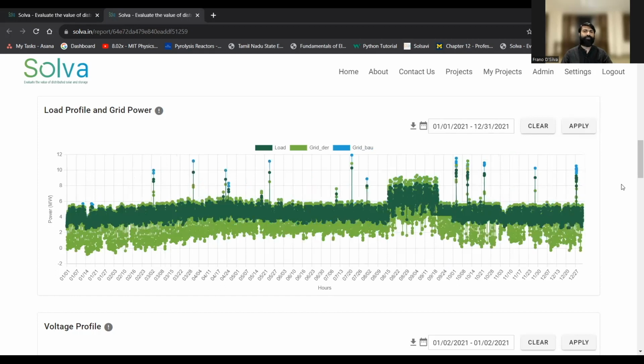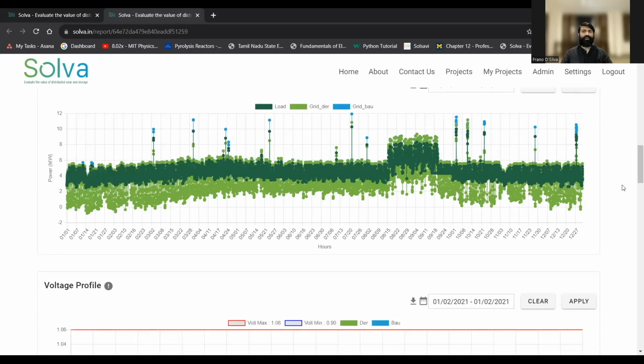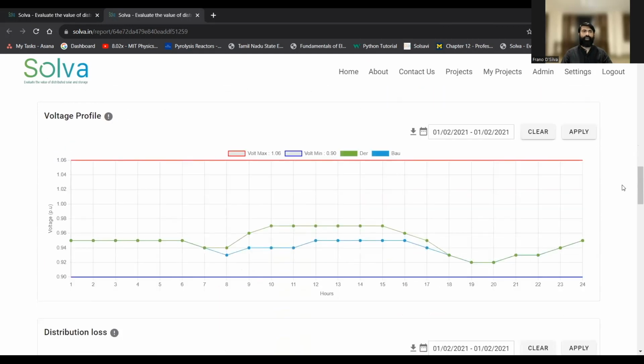So then we can find out what is the contribution of grid in BAU case as well as in the DER case. The next graph that we see is the voltage profile. For the first day of the year, we see that the voltage profile during solar hours sees an improvement with the integration of DER.